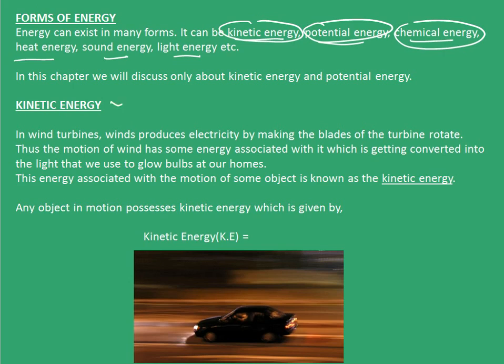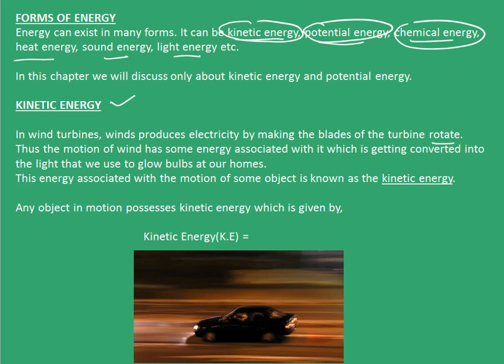So what is kinetic energy? To understand kinetic energy, let's take the example of wind turbines. Wind produces electricity by making the blades of the turbine rotate. Thus, the motion of wind has some energy associated with it, which is getting converted into the electricity that we use to glow bulbs at our homes.